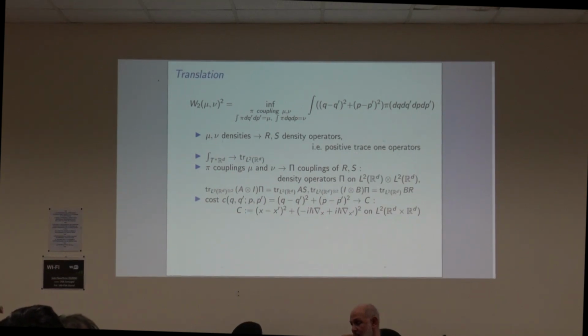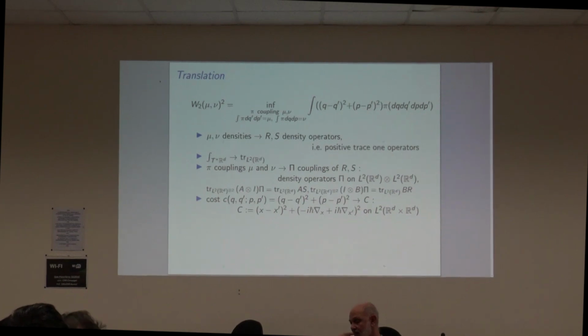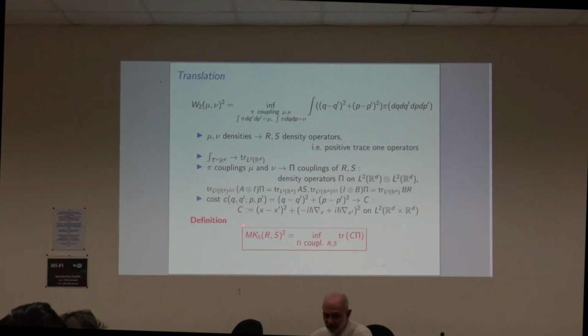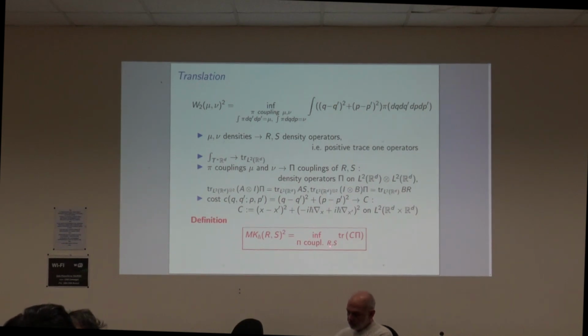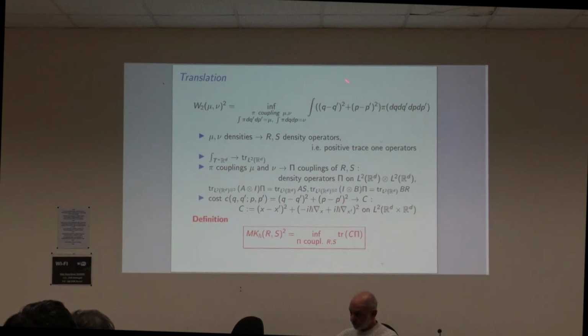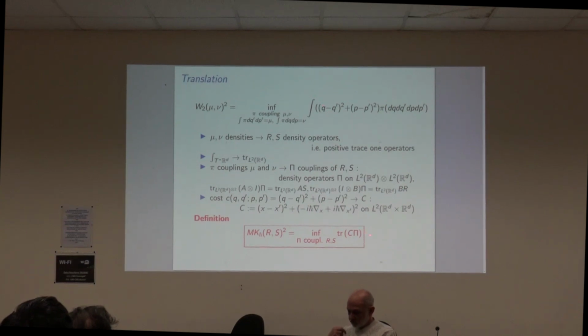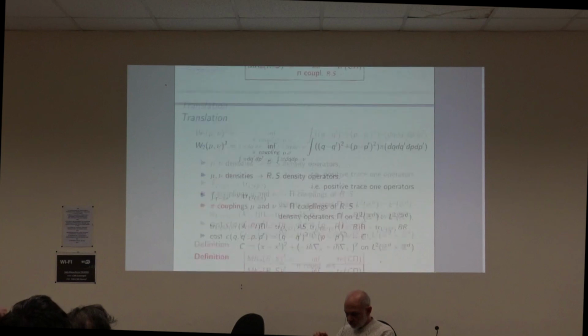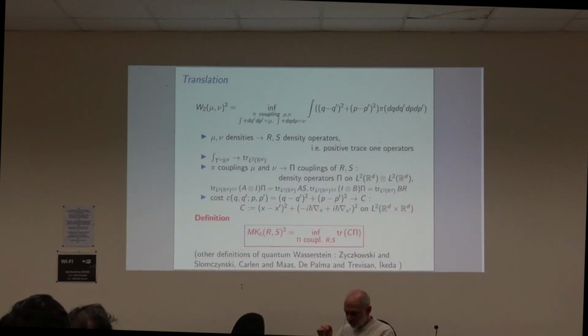So if you have all this, you easily get a definition that you will call the quantum Wasserstein distance, as the infimum over all the couplings R and S between the two density matrices of the trace of the cost times the coupling. I hope everyone sees the link between these two. You have a trace which corresponds to the integral. You have a coupling here which corresponds to this definition, and the coupling here. And you have the trace and the product of a cost times the pi. So this is the definition we take.